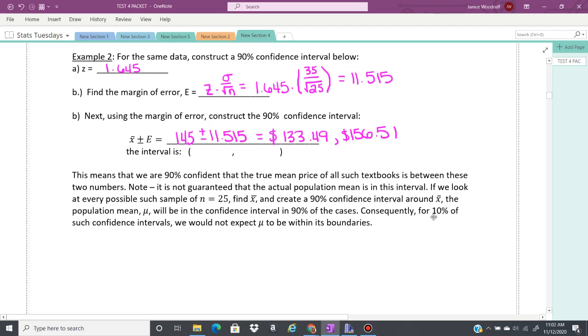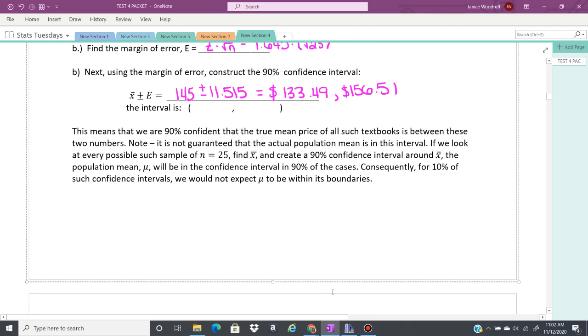Consequently, for 10%, it will not be in there. So 25 is a small sample size. If I did this with 100 different samples of 25, 90% of the time they would be in here. 10% of the time they would not.